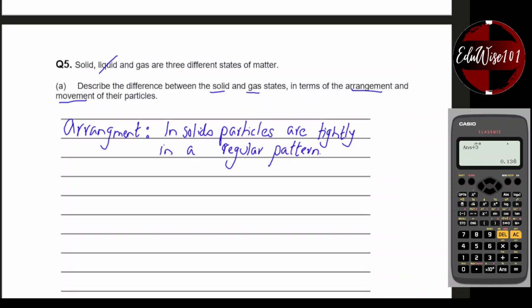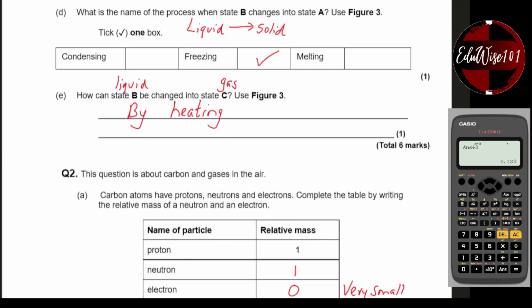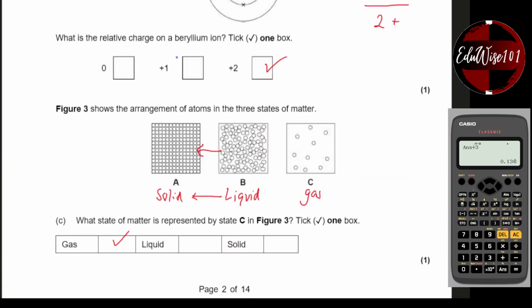So if you look at the first question where they had given you this question, here you can see in a solid, the particles are arranged next to each other tightly in a regular arrangement, neatly. In a liquid, we're not talking about the liquid for the answer, but there's no regular arrangement, and gas, there is no regular arrangement as well, and there's a lot of space in the gas.